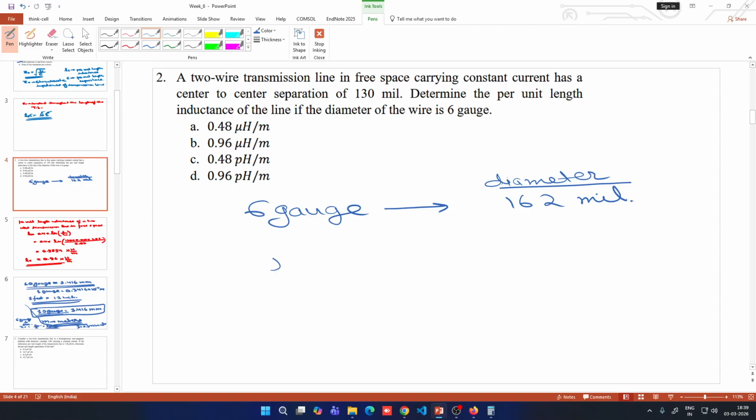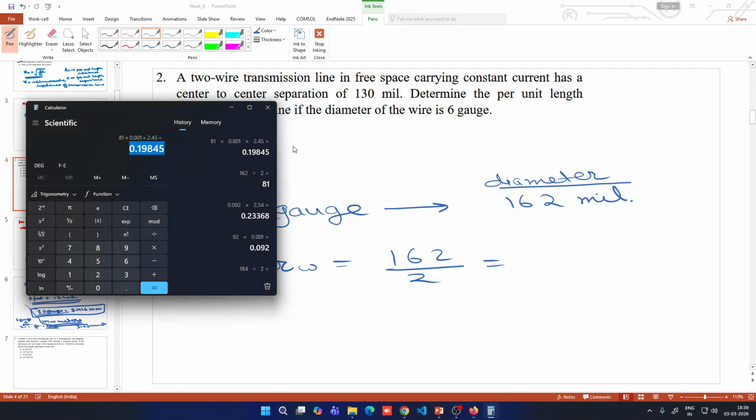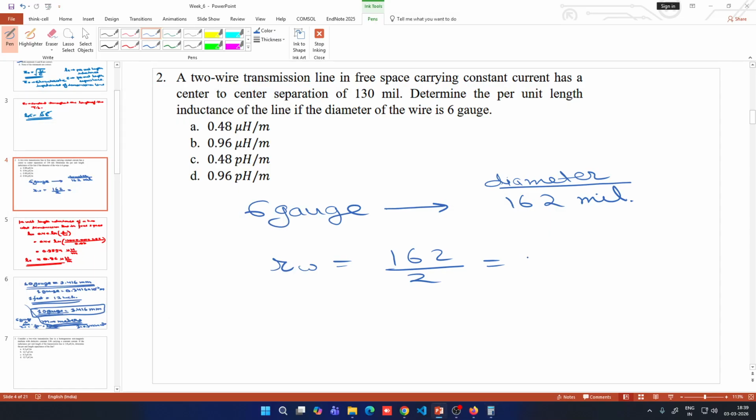But now we need Rw in the formula. So Rw will be 162 by 2, so 81 mils, and with this 81 mils we can convert into centimeter by multiplying it with 0.001 into 2.54 centimeter.